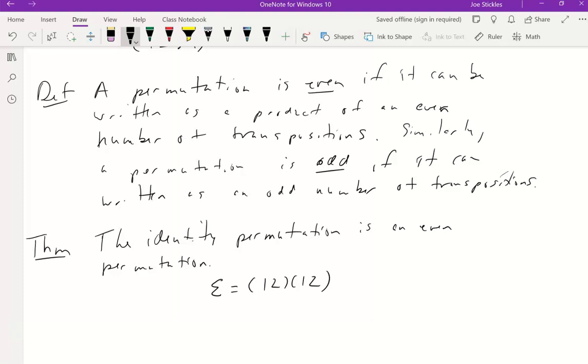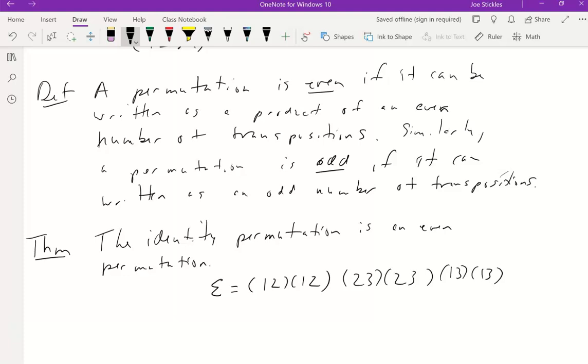Now, clearly, I could do other transpositions, right? I could do this, and I still get the identity, right? Or do this. But notice I have to add two of them every single time, right? I can't just add one. That's what would be the proof, is the fact that you try to add one and you show that you really had to add two to do it.